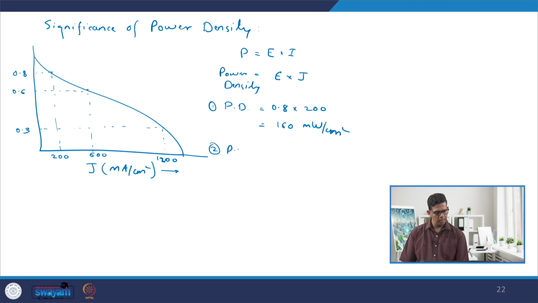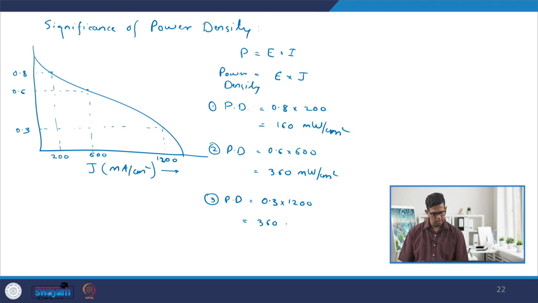Similarly, the power density at the second point will be 0.6 times 600, so that will be around 360 milliwatt per centimeter square. At the third point it will be 0.3 times 1200, which is also around 360 milliwatt per centimeter square.